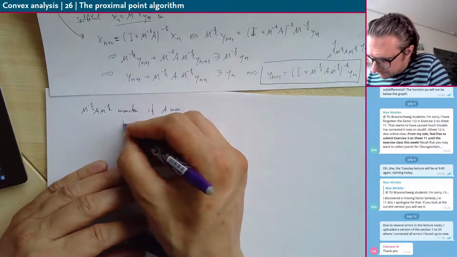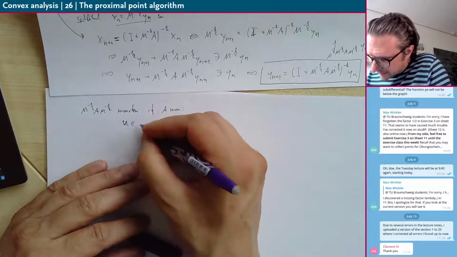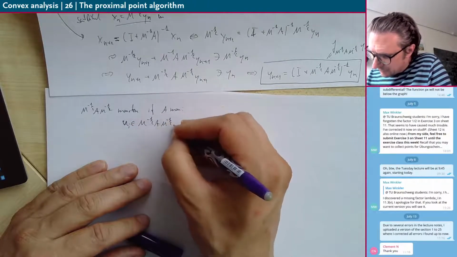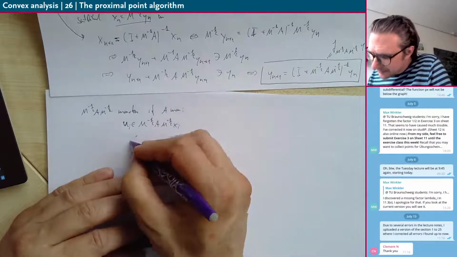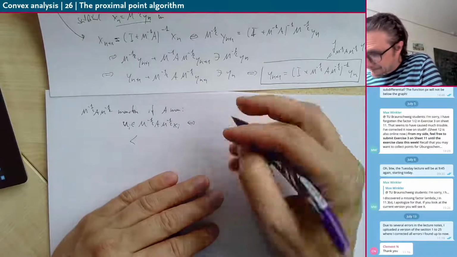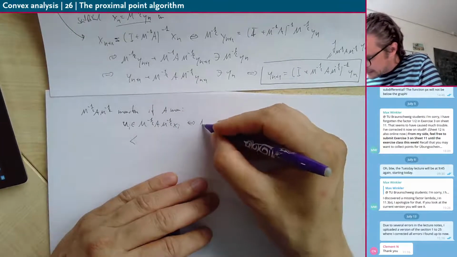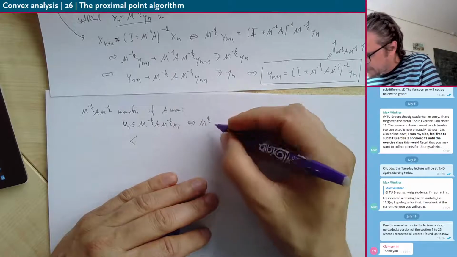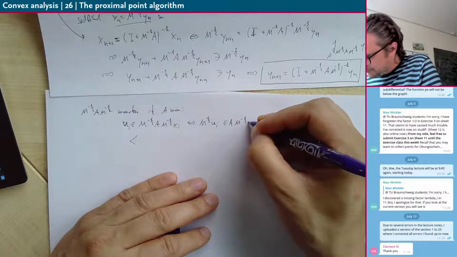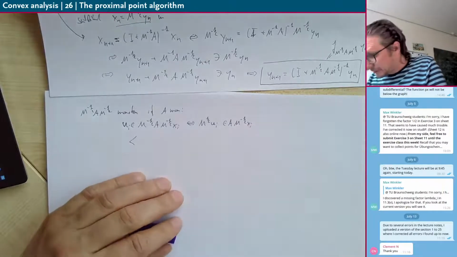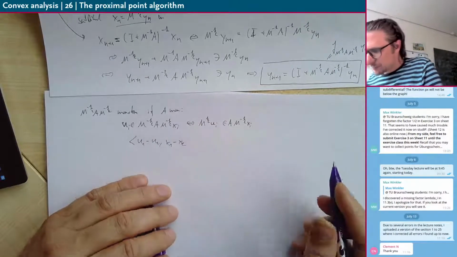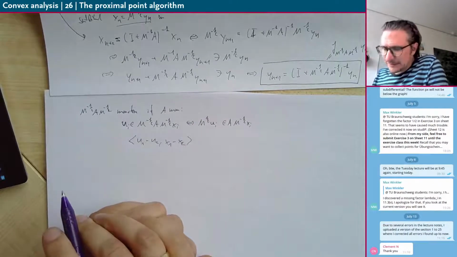You take u_i in M to the minus 1/2 A M to the minus 1/2 x_i, which is the same as M to the 1/2 u_i is in A M to the minus 1/2 x_i, and you would like to have now that (u_1 minus u_2) times (x_1 minus x_2) should be positive.